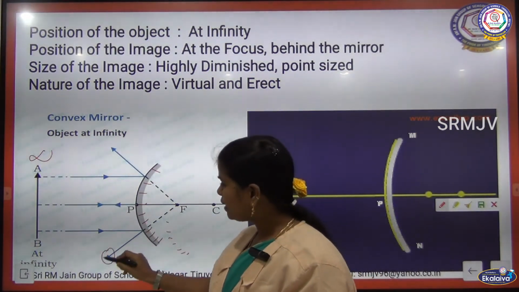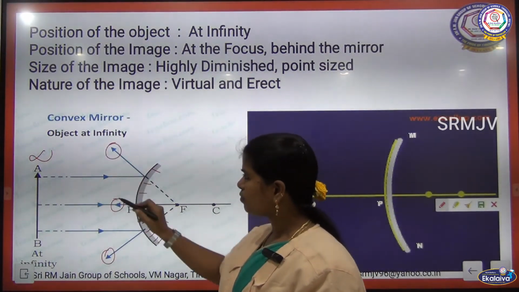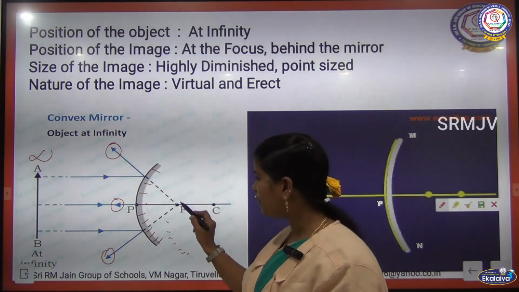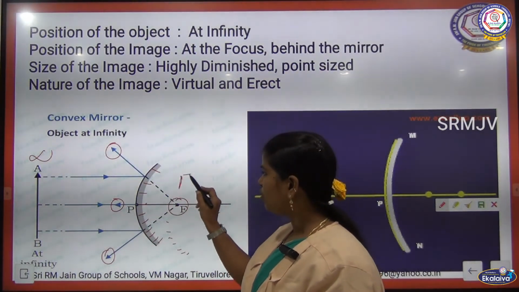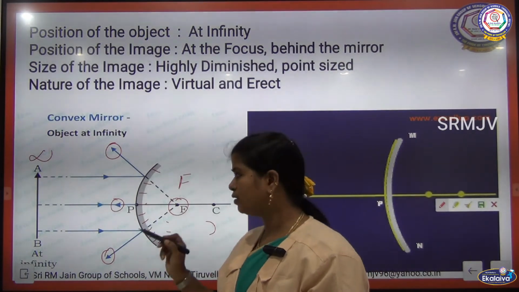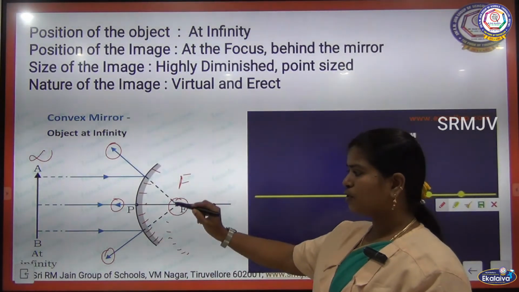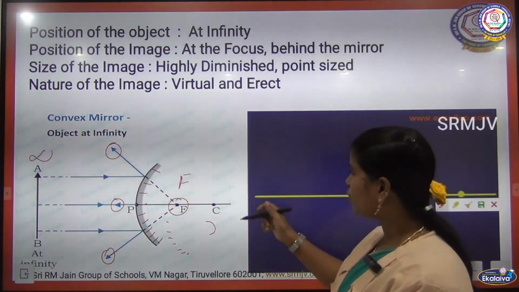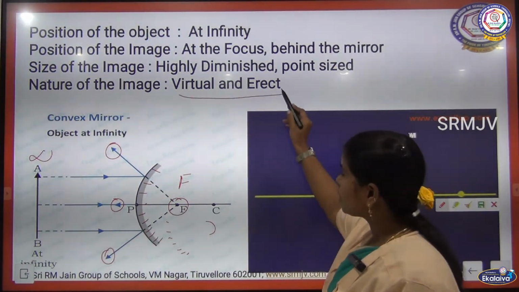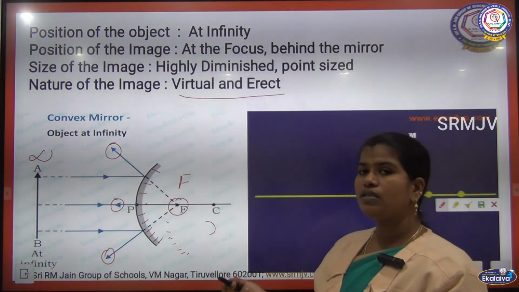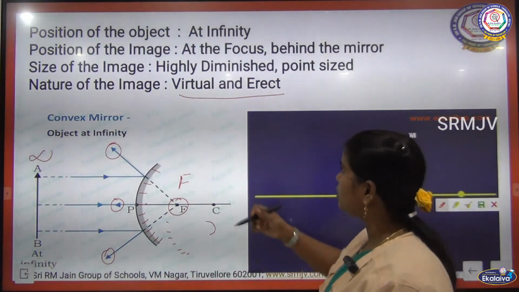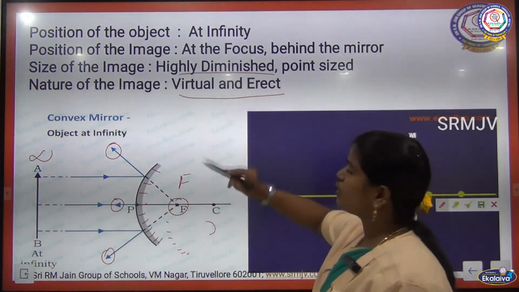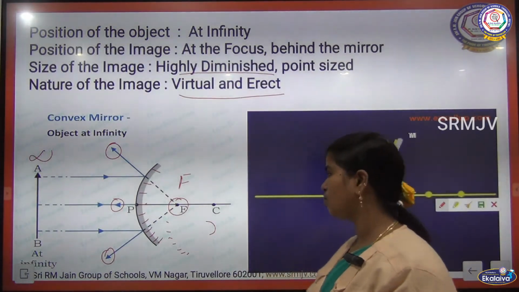When they get diverged, they appear to come from a point, and that is called the focus. So in the first position, we keep the object at infinity, and the image is formed at the focus. The nature of the image here is virtual and erect, and it is highly diminished, very point sized.